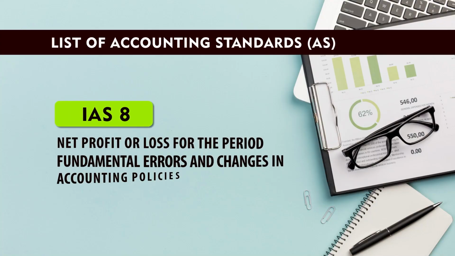So, earlier it was Accounting Standard 3, but now this Accounting Standard 3 has been mapped with IAS, International Accounting Standard 7. Then IAS 8, that is net profit or loss for the period, fundamental errors and changes in accounting policies.